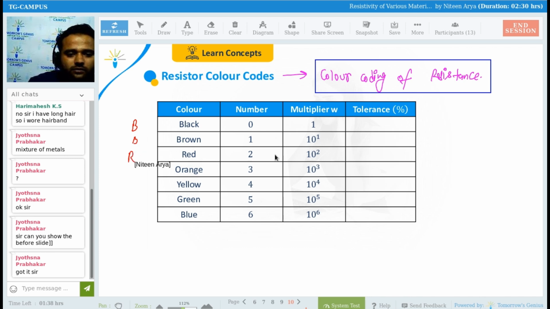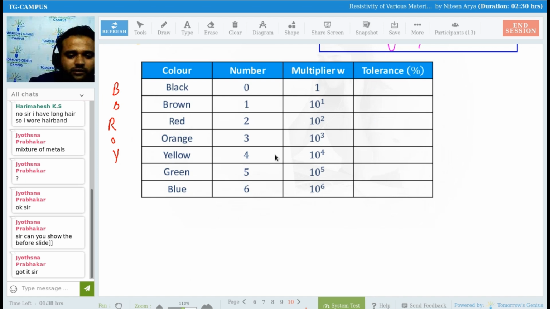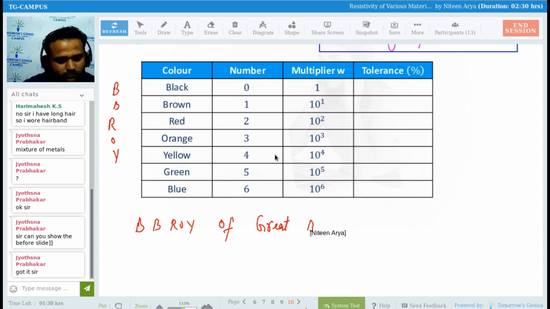So how can you rhyme it out? B.B. Roy of Great Britain has a very good wife. Let me write it down. B.B. Roy of Great Britain.